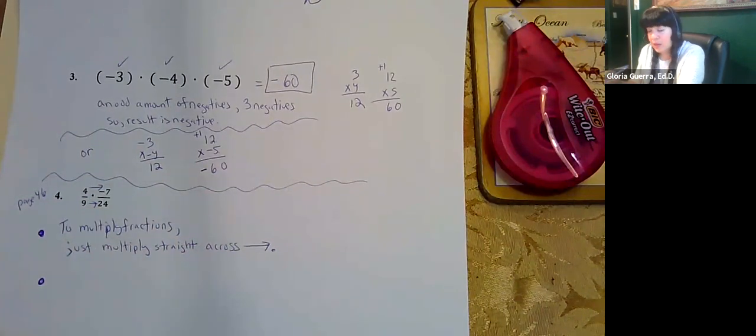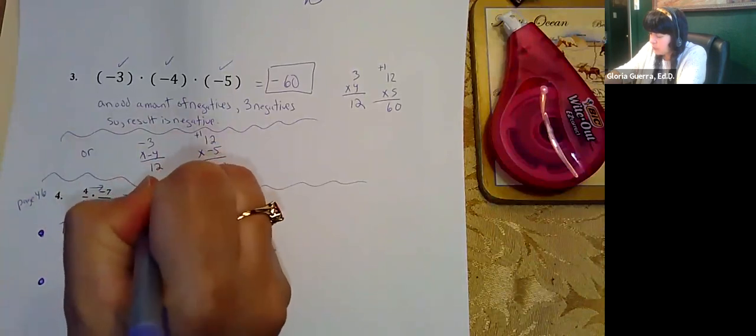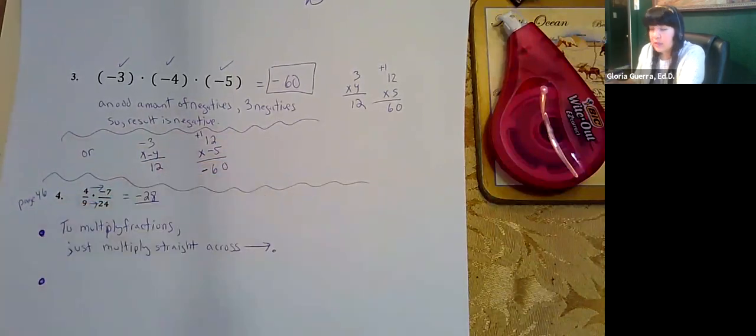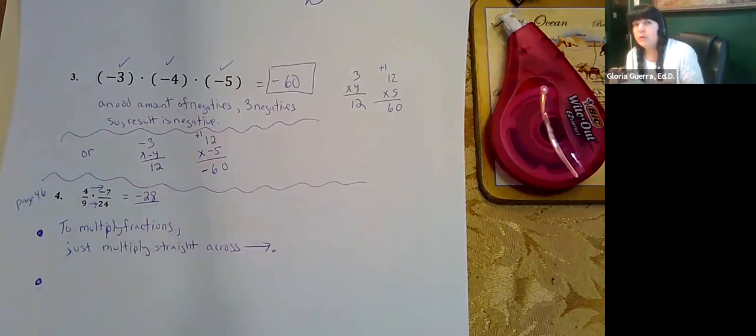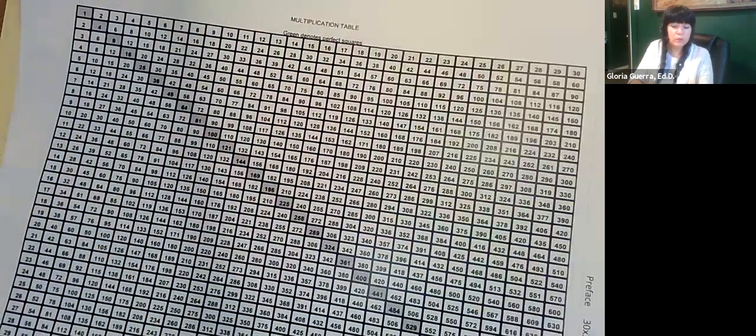So if I start with that, 4 times -7, that's a -28. And then 9 times 24. And I can use my multiplication chart or my calculator. Usually the rule of thumb is, because we provided you with a 30 by 30, and we also provided you with a 12 by 12, right?